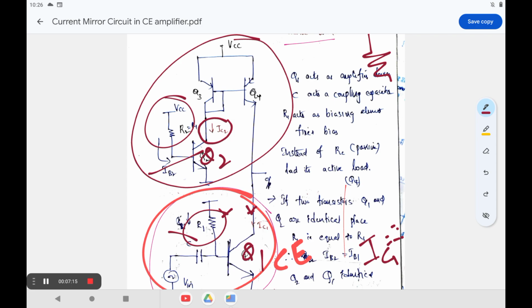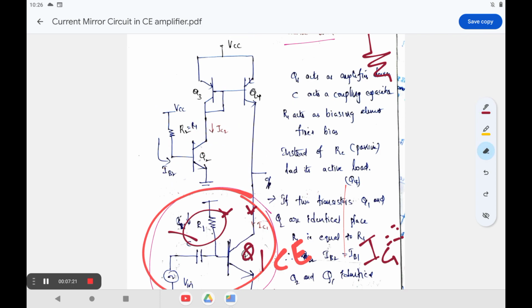At the same time, from the current mirror circuit point of view, there is some more analysis here. In this case, this is a Q3 transistor and a Q4 transistor. Q3 and Q4 are also identical transistors.